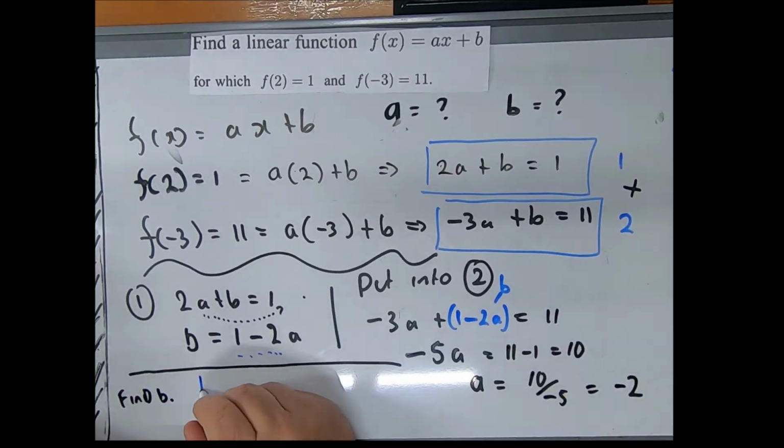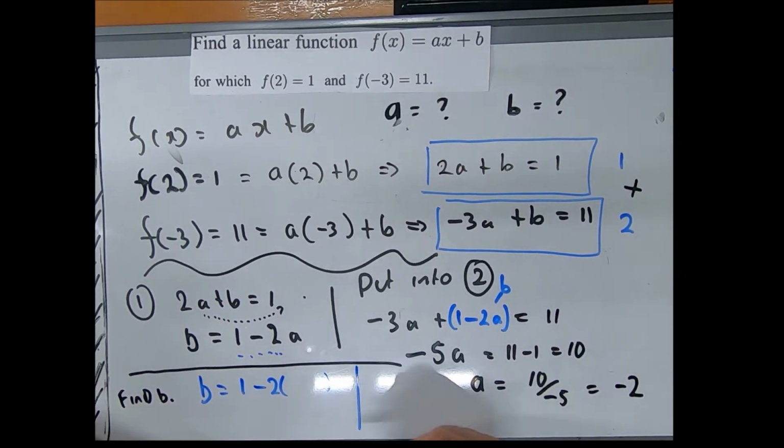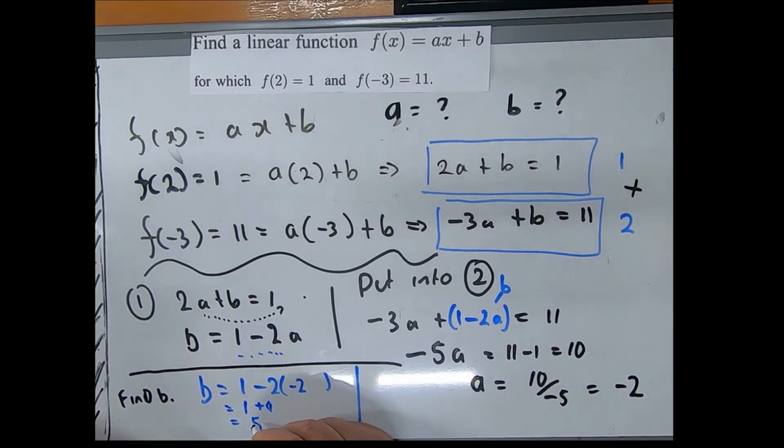Well, b equals 1 subtract 2 times whatever the a was. From over here we have that a was minus 2, and 1 subtract minus 2 times minus 2 is plus 4. b is 5.